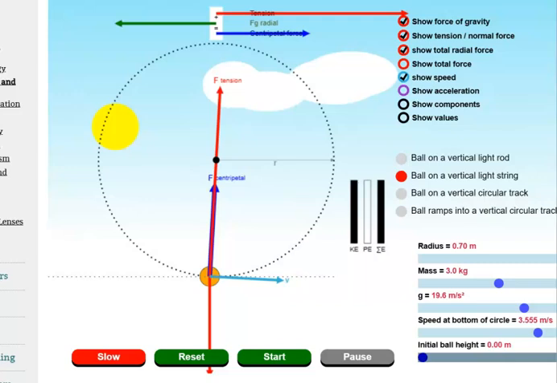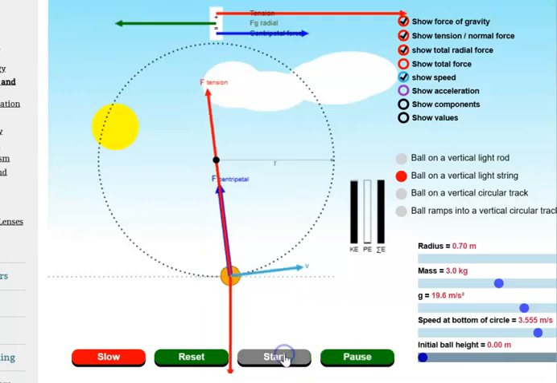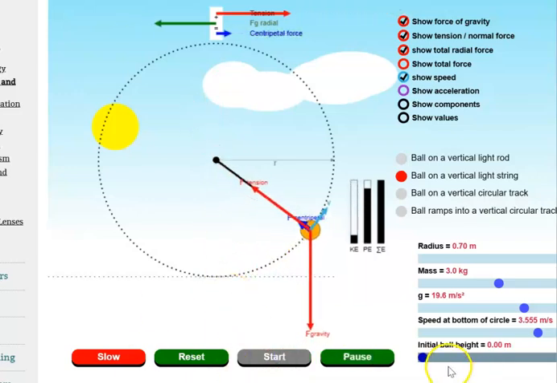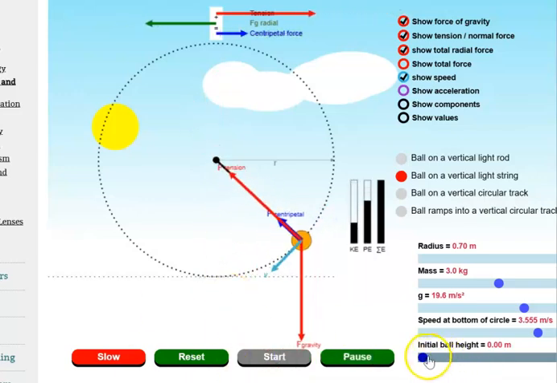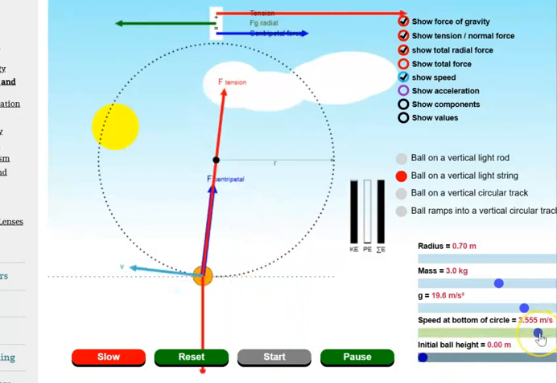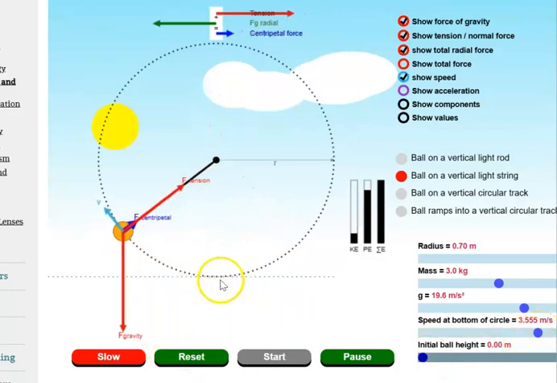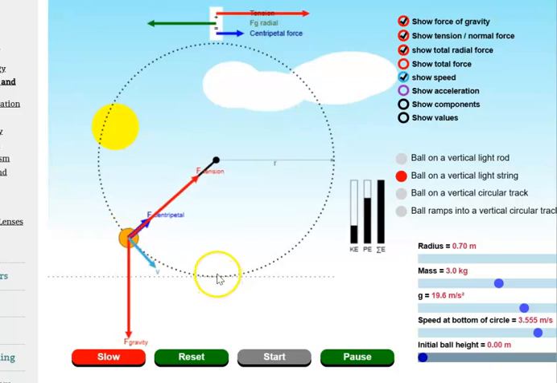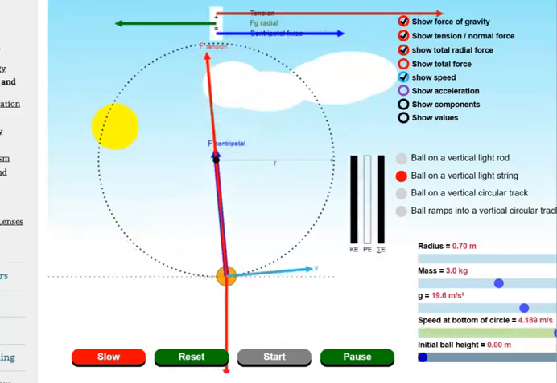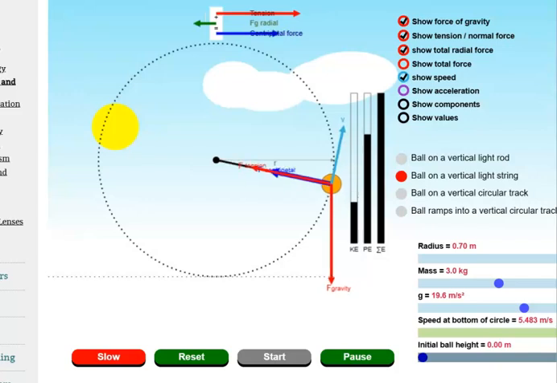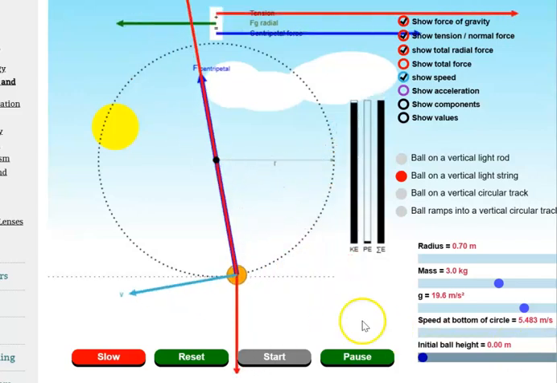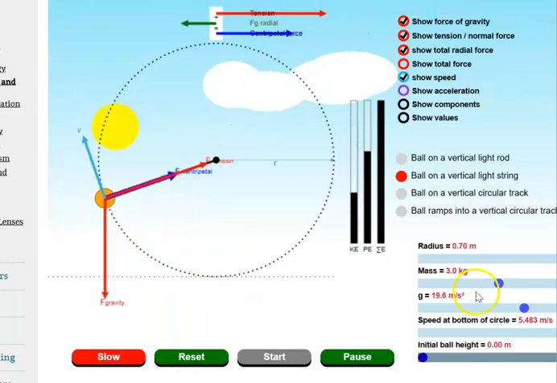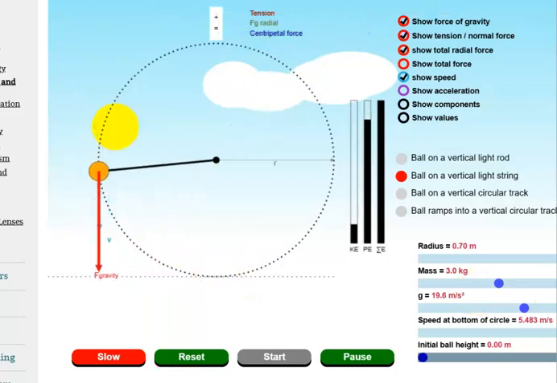And just very quickly, before we go on to that, just a few other scenarios. Let's just get this going and change some of the scenarios. Let's speed up. So at the bottom point here, let's have a greater speed. What will we have as a result? So the pendulum, if it has a greater speed when it's set off, is going to have a bigger swing.